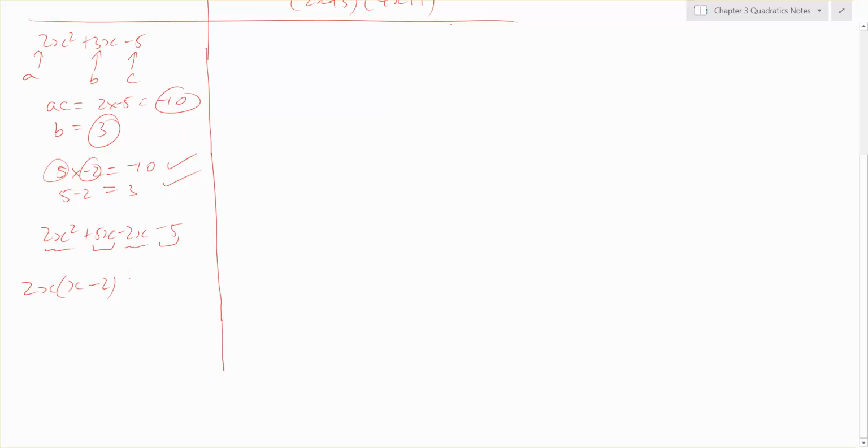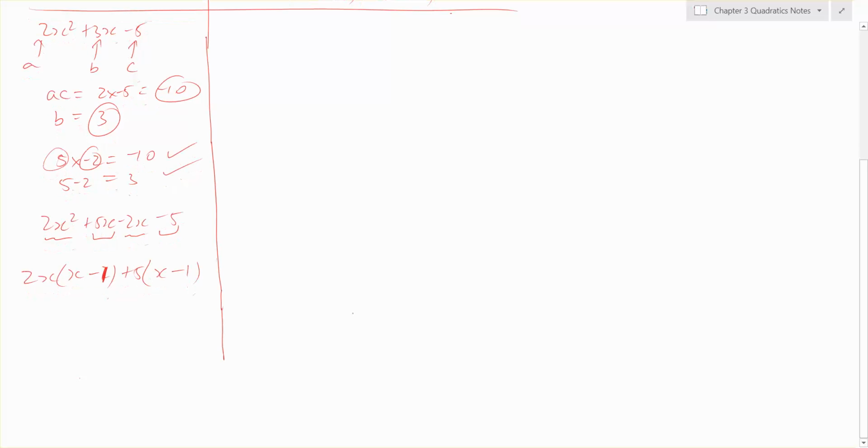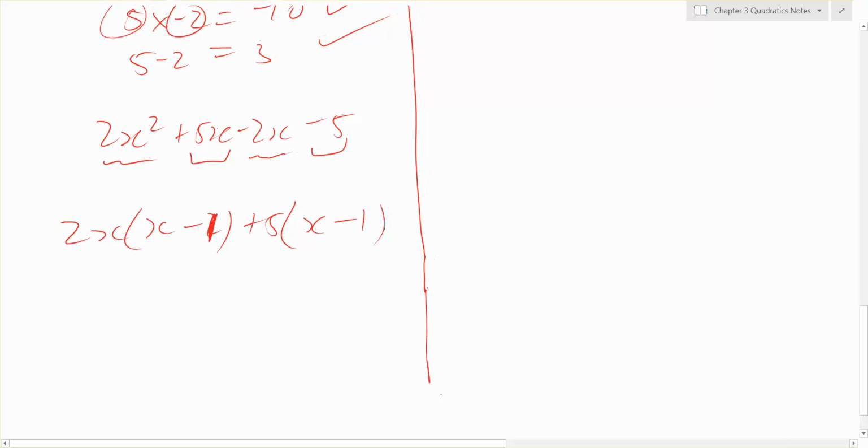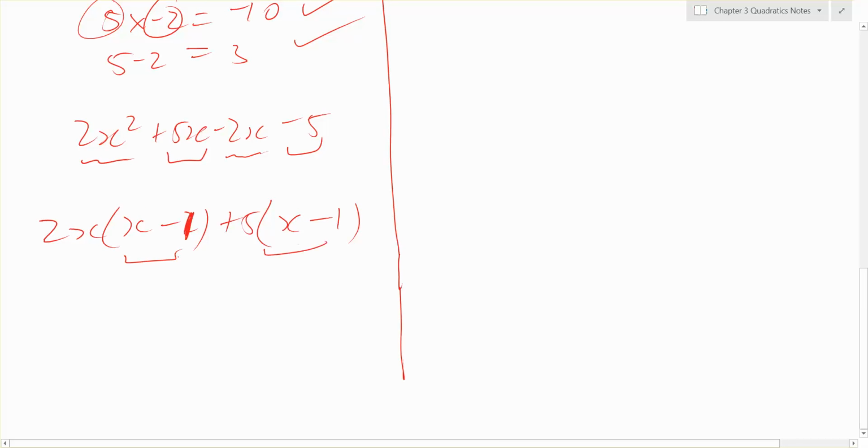They both go into 5, obviously, so we get x minus 1. And I made a mistake, that should be 1, because 2x goes into x one time, and negative 5 goes into negative 5x one time. Okay, now we collect like terms, and we get x minus 1 times 2x plus 5.